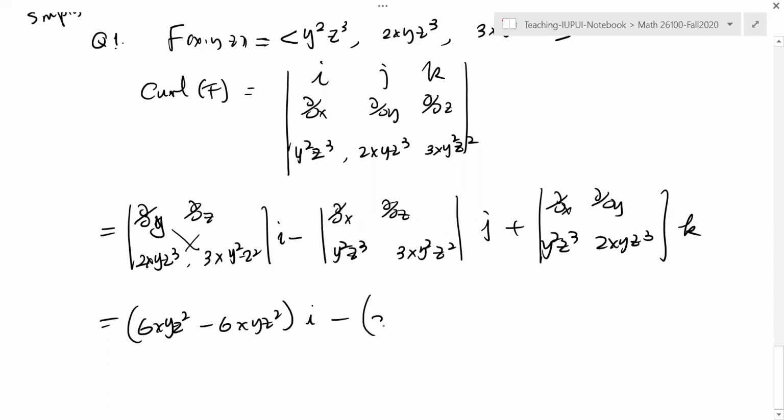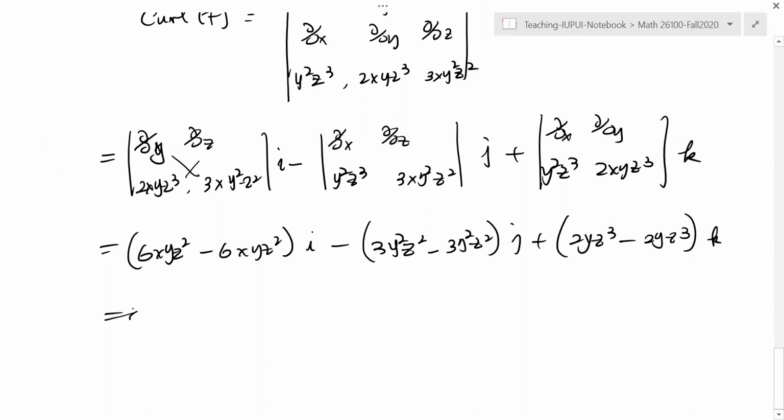And here's a partial derivative, and this will be minus 3y squared z squared, okay? And this will be 2yz cubed minus 2yz cubed. Okay, so they're all equal to 0. Great.